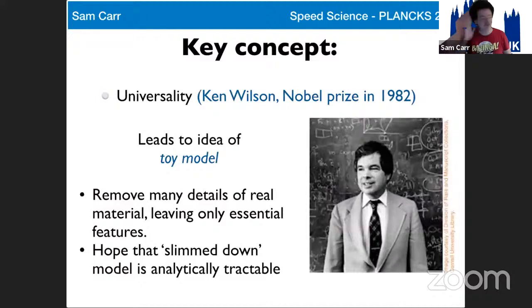Basically everything you can see in the universe, you find the same physics in helium in its different phases. Lovely ideas there. But the idea of universality, that some things don't matter about all these details, means you can slim down your model to something that hopefully is analytically tractable.